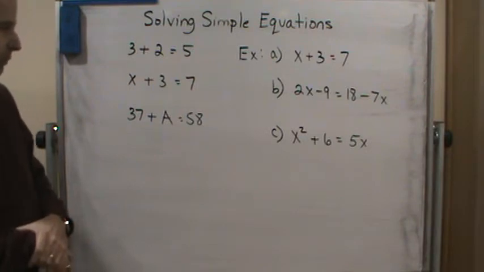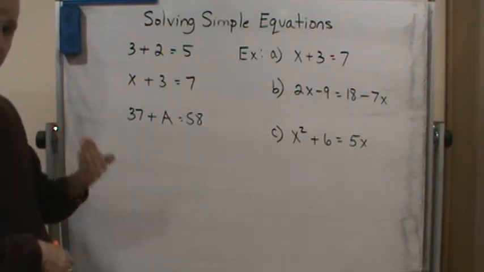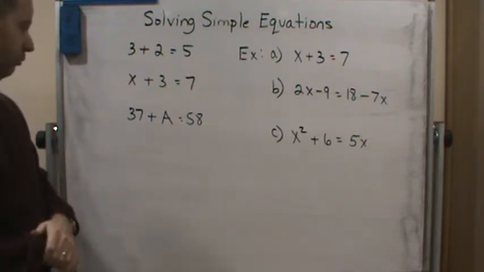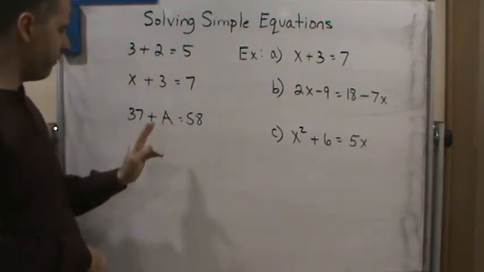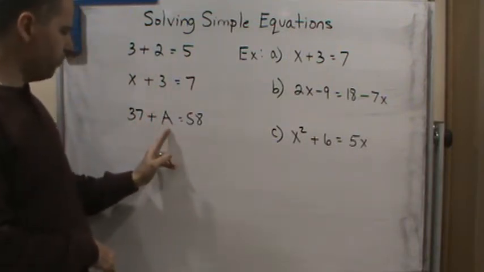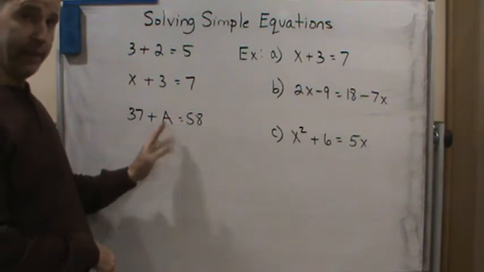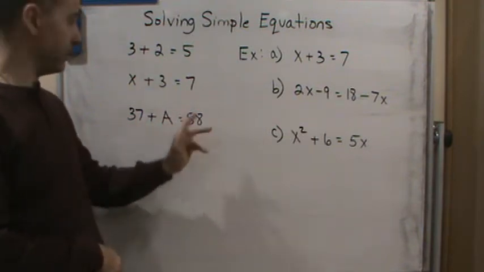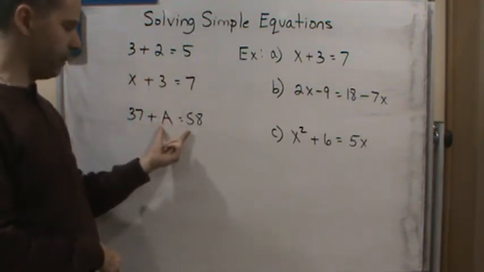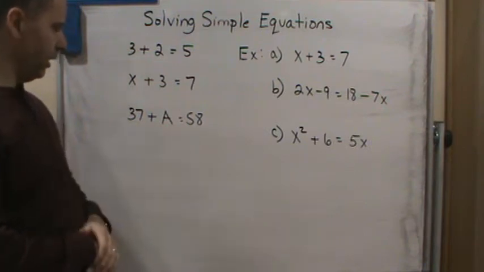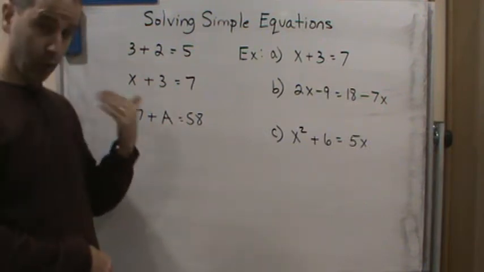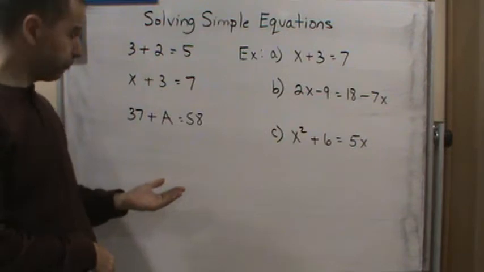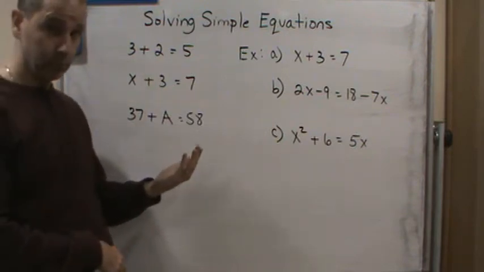Now, when we talk about a solution to an equation, what we want to find is the value of the variable that makes the statement true. This is what we call a mathematical statement. It's either true or false, it can't be both.